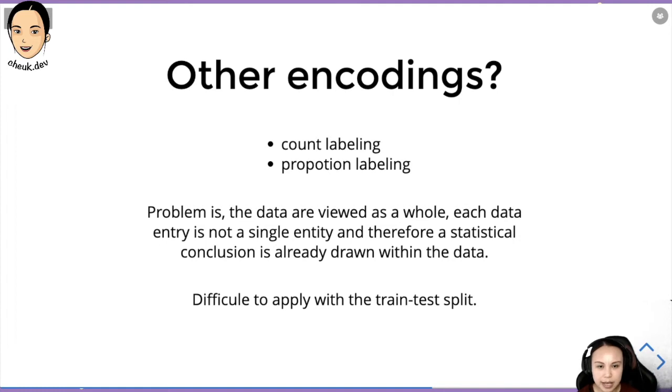But when I do this encoding here, I am drawing a conclusion from the statistical distribution of the data. So it's not purely based on one record of the data, and that's very tricky, especially if you have the train test split, where your train data actually has one demographic and your test data does not.